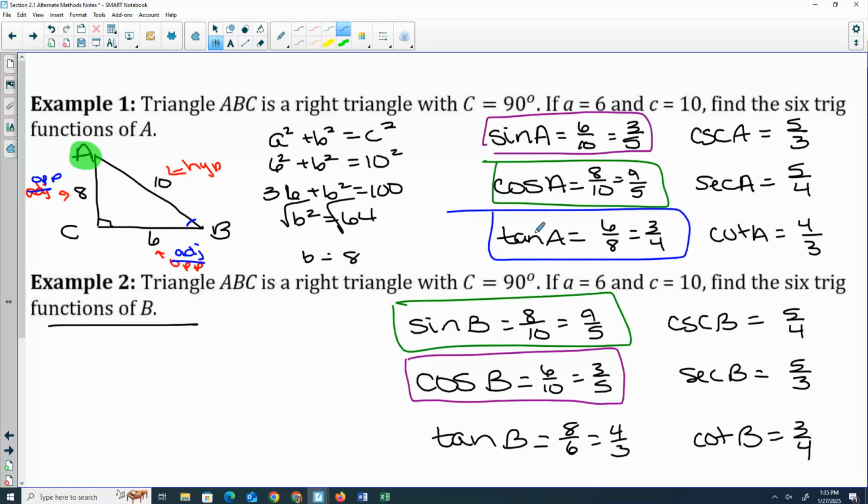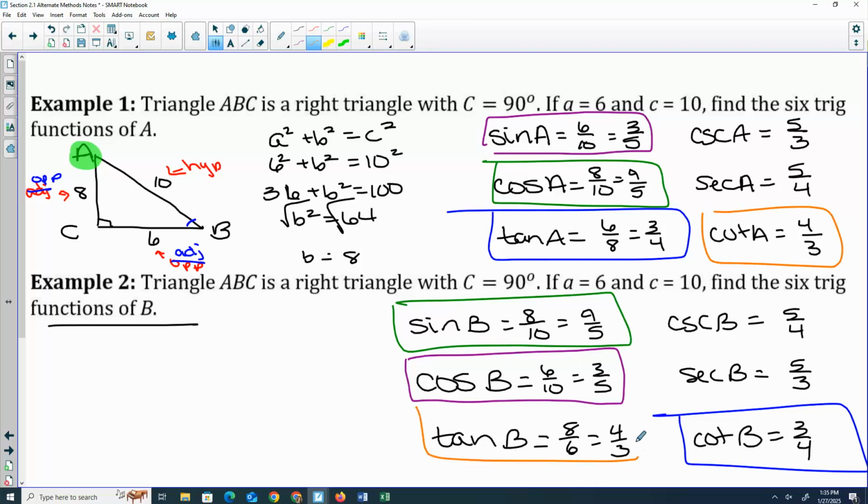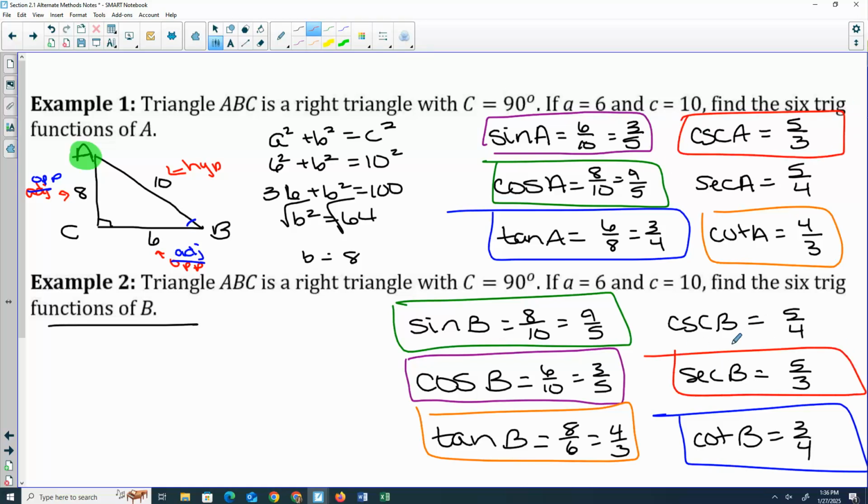Tangent of A and cotangent of B are the same. Cotangent A, tangent B. Cosecant of A is secant of B. And secant A is cosecant B.